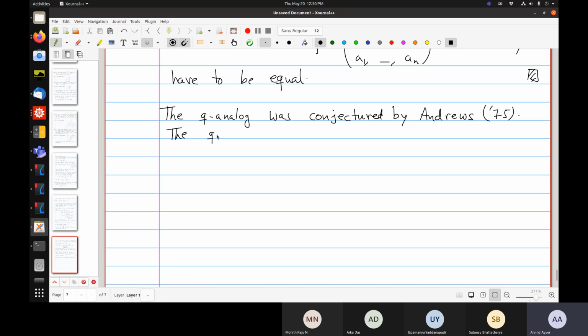The q Pochhammer symbol is the analog of the raising factorial. It is defined as (a;q)_n, the product over i equals 0 to n minus 1 of (1 minus a q to the i).